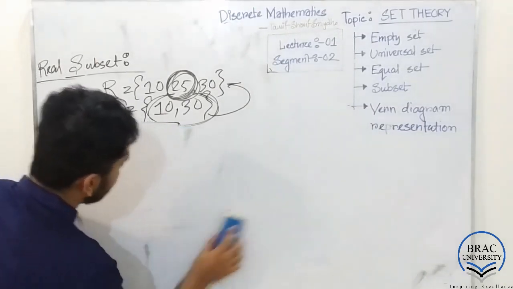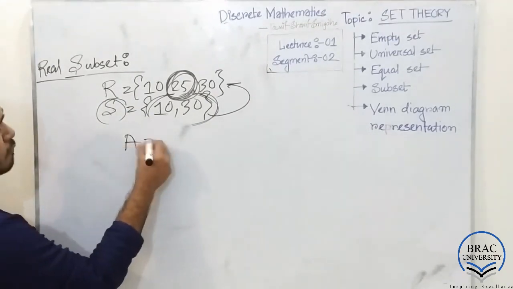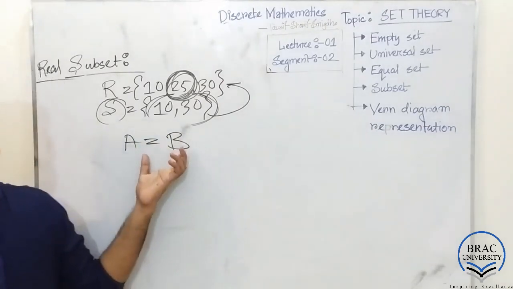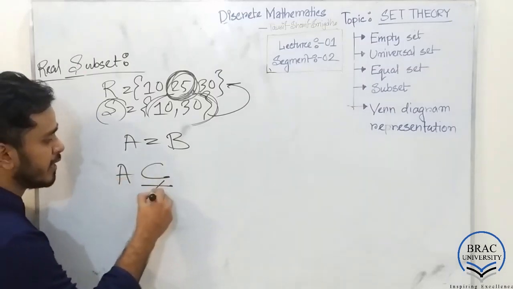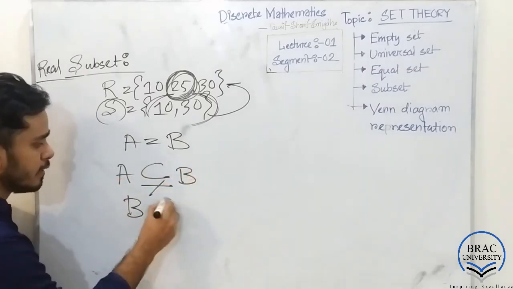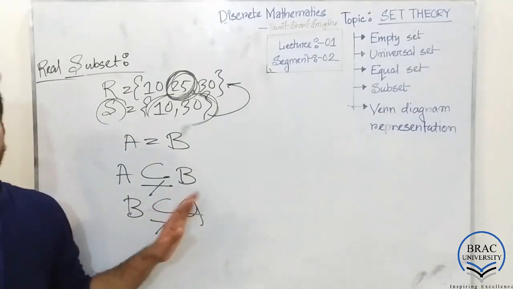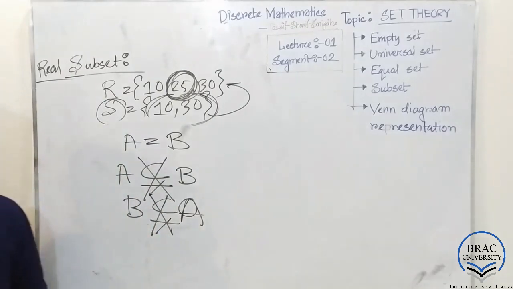And can I ask you something here? If A equals B, can I claim that A is a real subset of B or B is a real subset of A? No, both of the statements are wrong. Why?